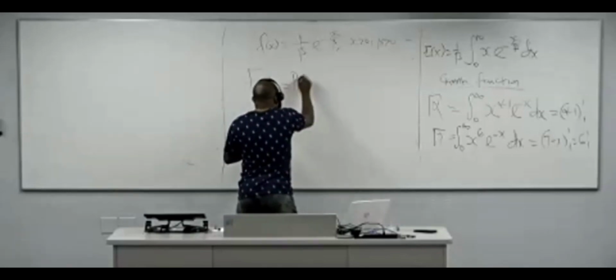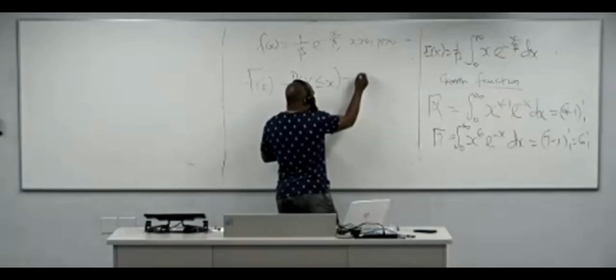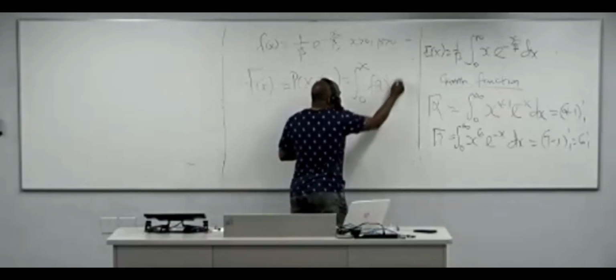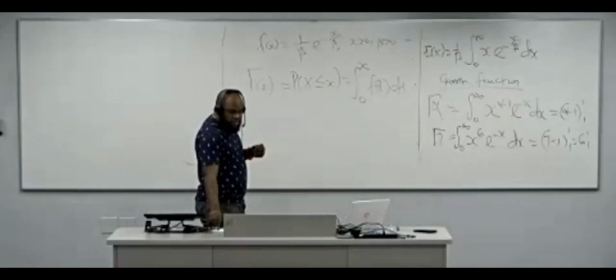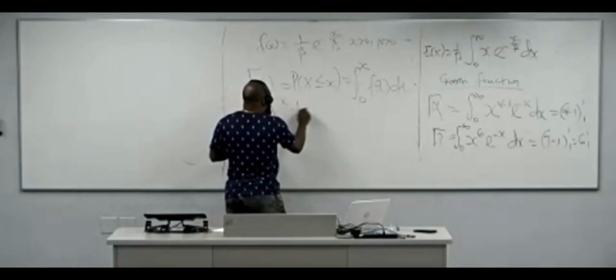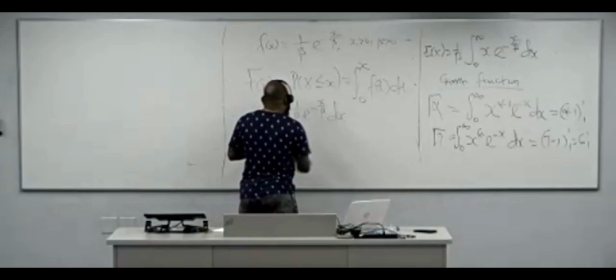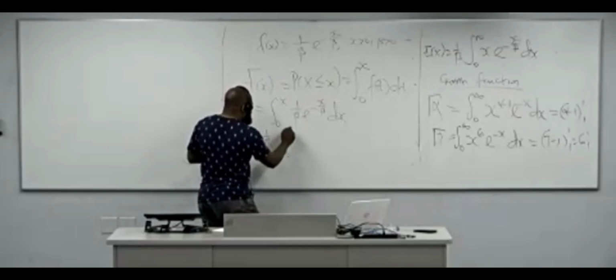And what is it talking about? I want to find this, which means I'm basically going to go from 0 to x. But now f of t, the t. You remember the way we used to do it? So 0 to x, 1 over beta, the exponential.